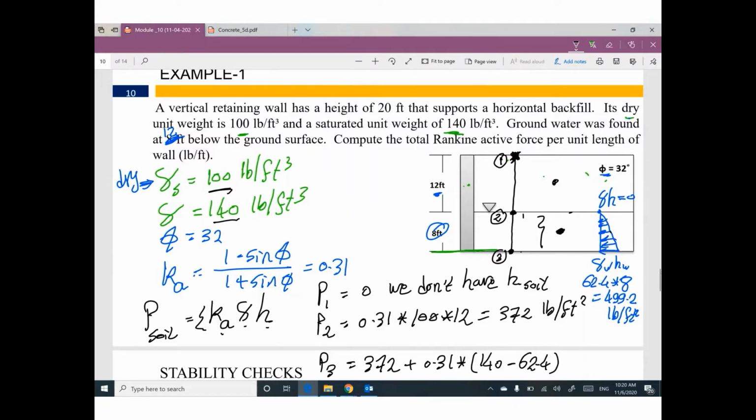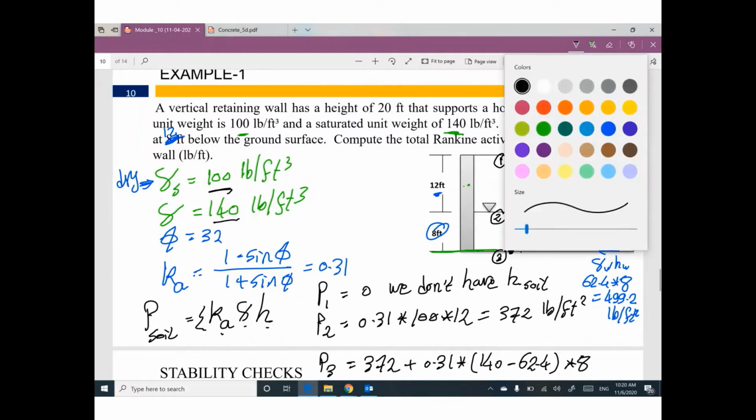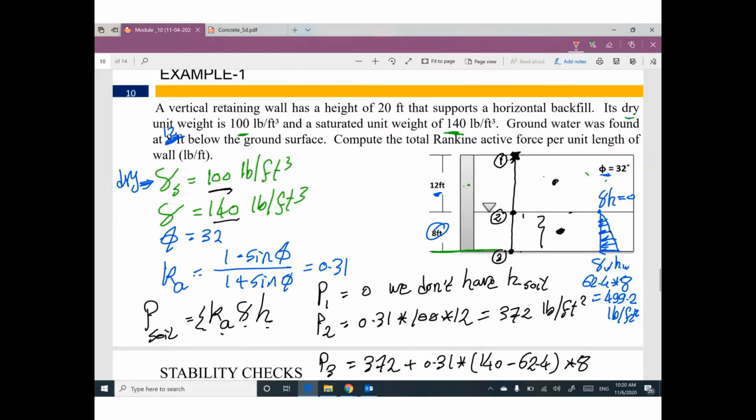Guys, remember, because I said pressure at point 3 equals pressure at point 2 plus the new soil between point 3 and point 2. So this H is between point 3 and point 2, and this gamma is between point 3 and point 2.